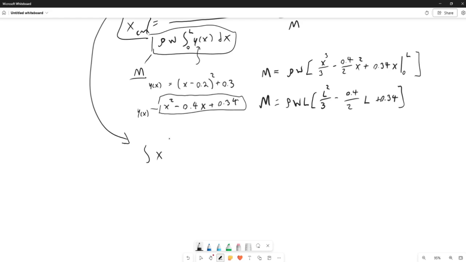So we'll just distribute the x, and then you get x cubed minus 0.4x squared plus 0.34x dx from 0 to L. This is the numerator of our center of mass, and then we'll evaluate this, and you will get L to the fourth over 4 minus 0.4 over 3 L cubed plus 0.34 L squared over 2.